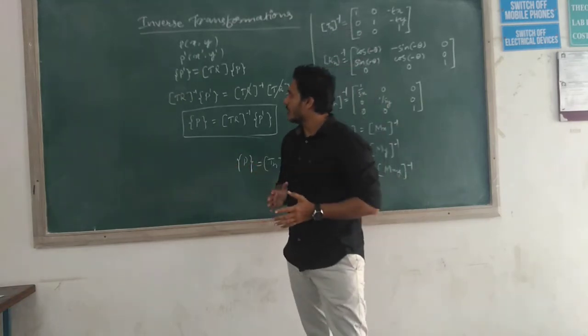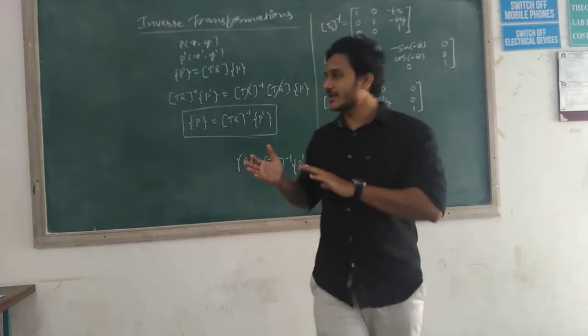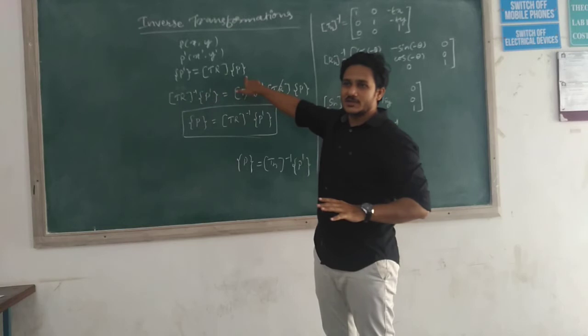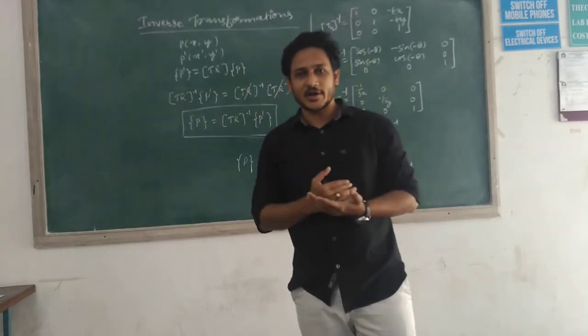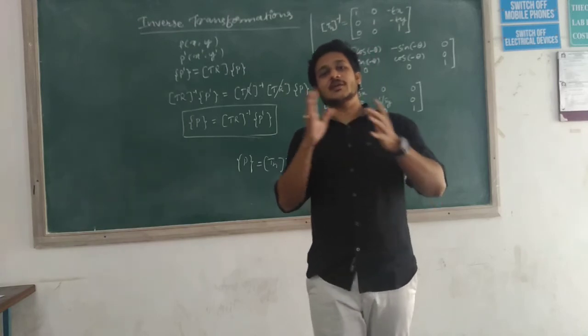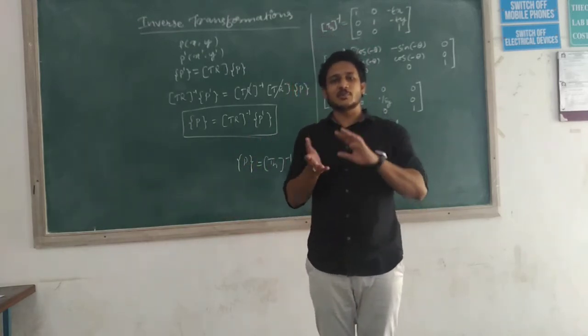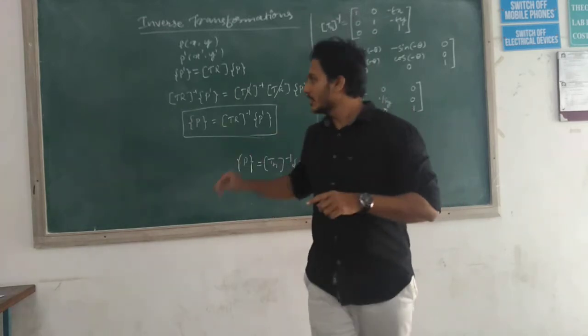We have a formula to find the transformed point: P dash equals the transformation matrix multiplied with the initial point P.